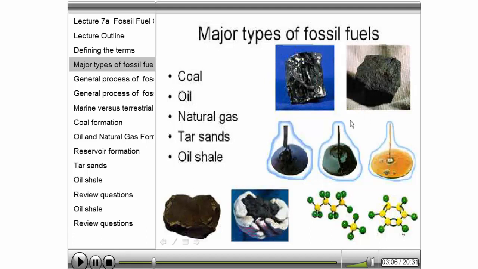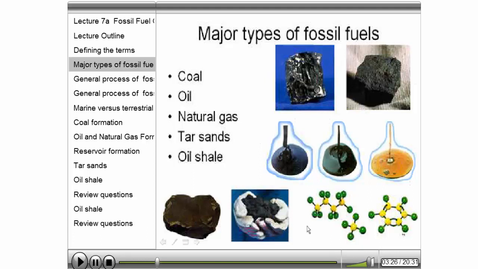Oil is a liquid state of matter, and it comes in different grades or character. Very heavy crude oil, medium weight crude oil, or what's referred to as light and also sweet crude oil in terms of its chemical properties and physical characteristics.